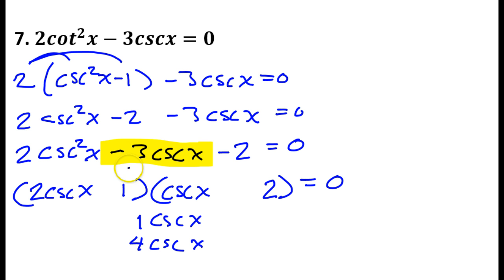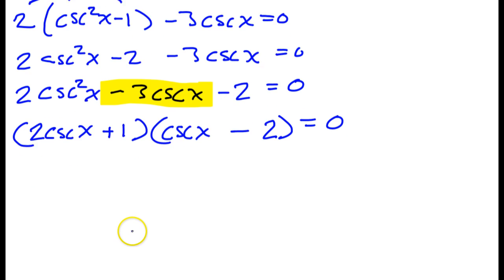So how can I get negative 3 cosecant x out of these two? Well, if this is positive and this was negative, that would make negative 3. So that means this has to be positive and this would need to be negative. Okay, also positive 1 times negative 2 does give me negative 2, so that works as well. Very important. So great, we factored it.